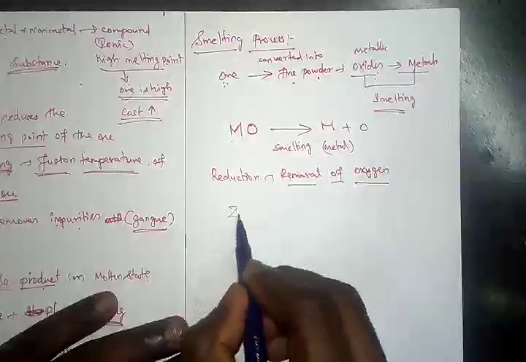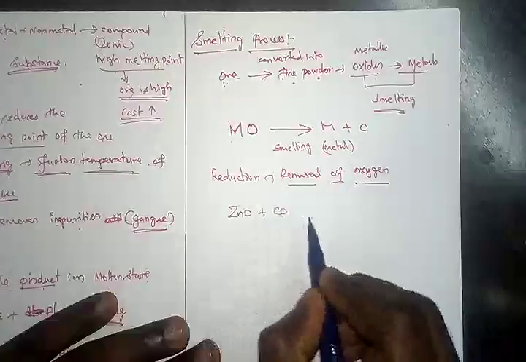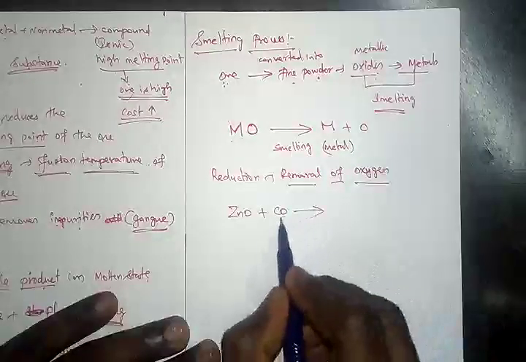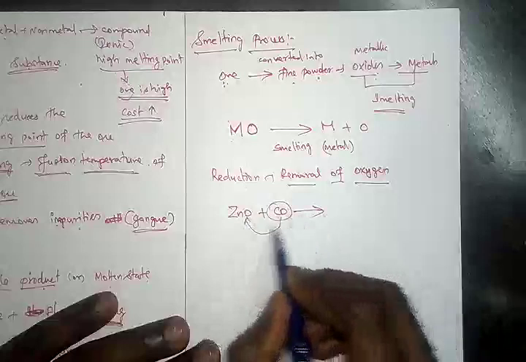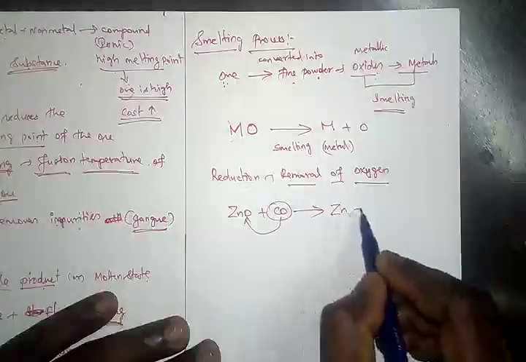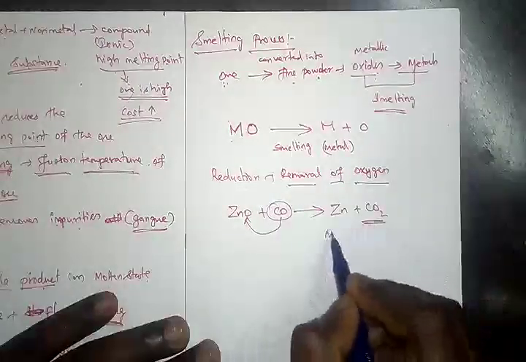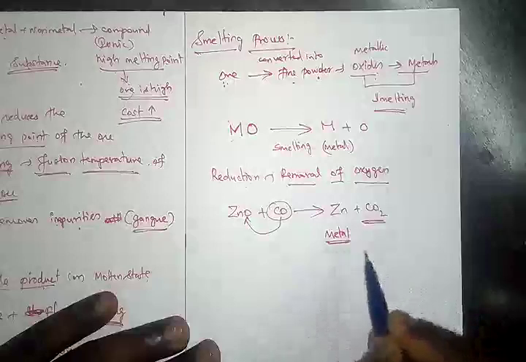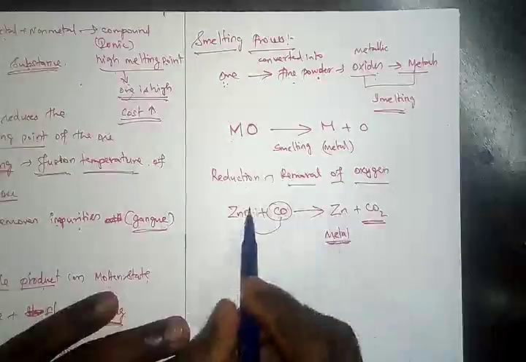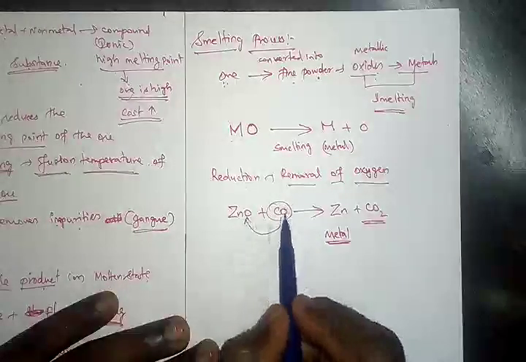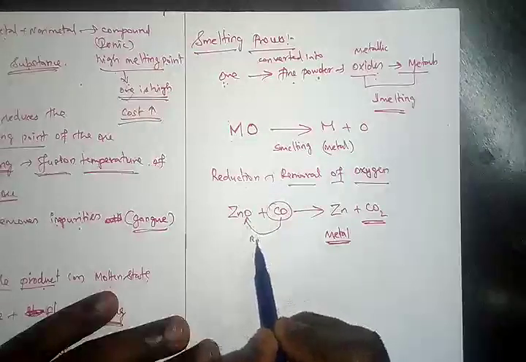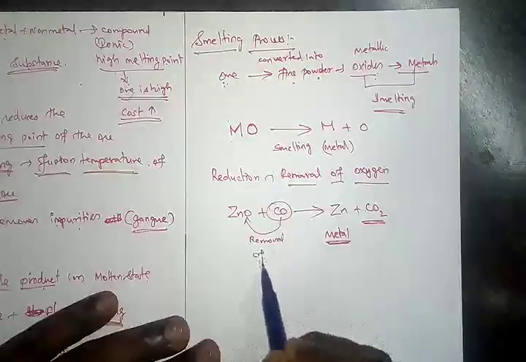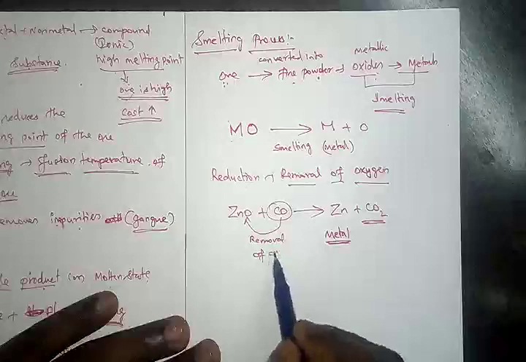Let us give an example. Zinc oxide plus carbon monoxide combines to form zinc plus carbon dioxide. Here the metal is extracted. Zinc metal is extracted. You see that removal of oxygen takes place.